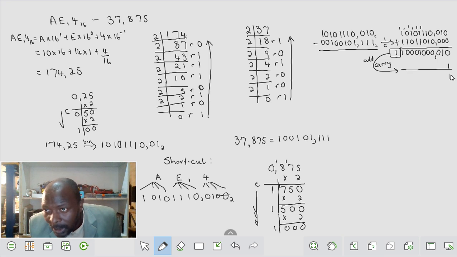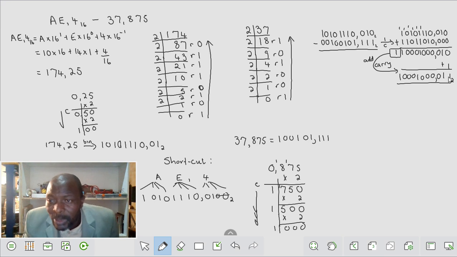We are adding 1, that is 0 0 0 1, three zeros and the 1, and that there is our answer.